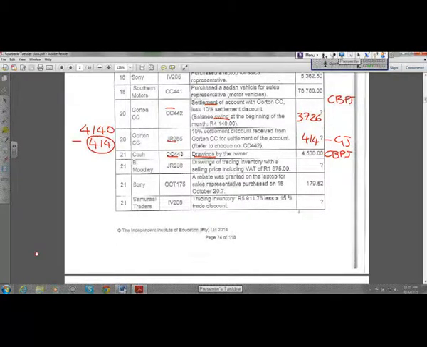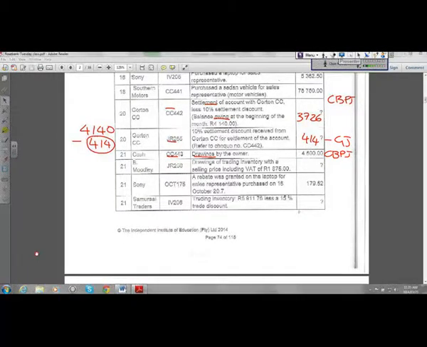All right, here we have another question mark. Interesting times. They say drawings of trading inventory with a selling price including VAT of 1875.